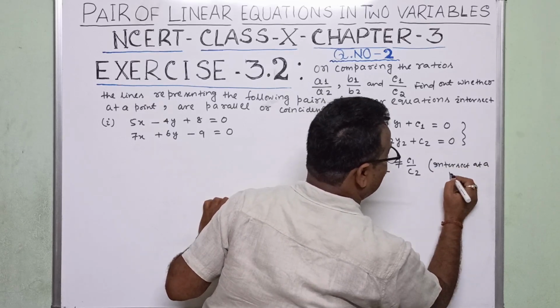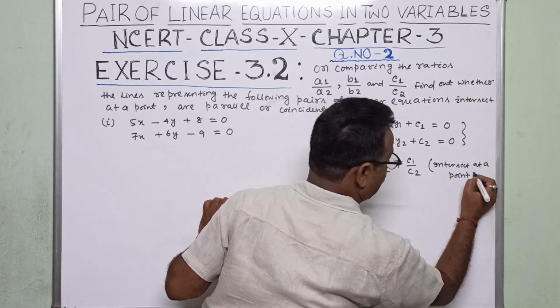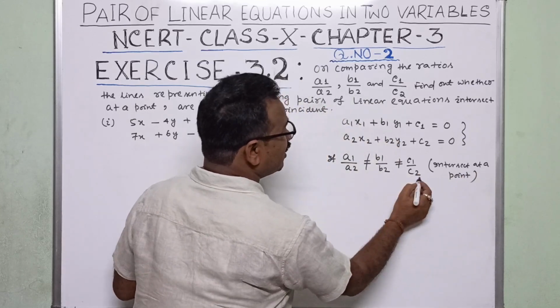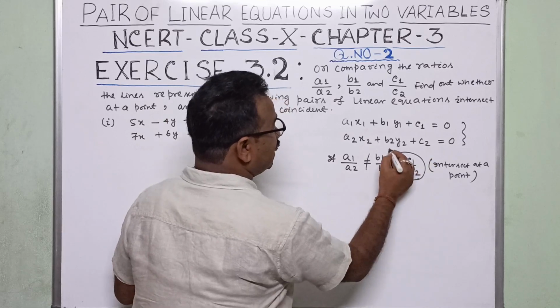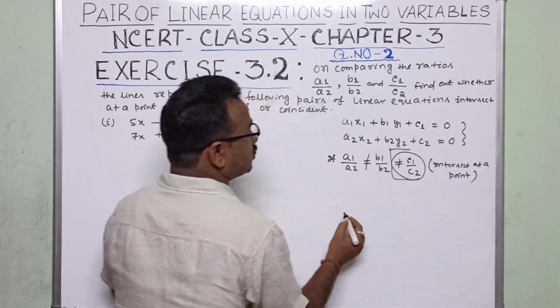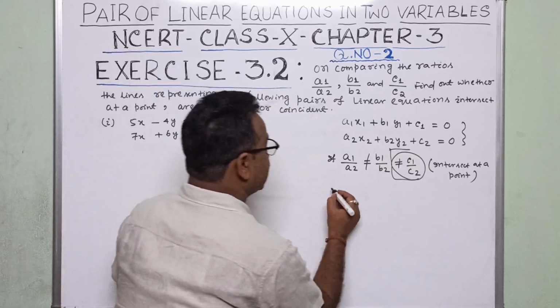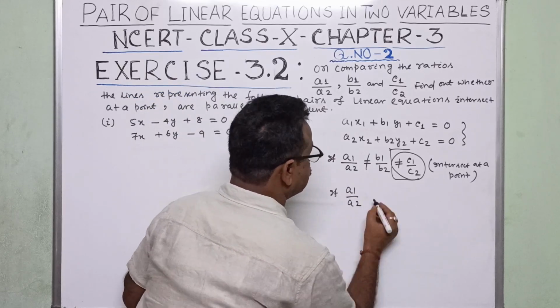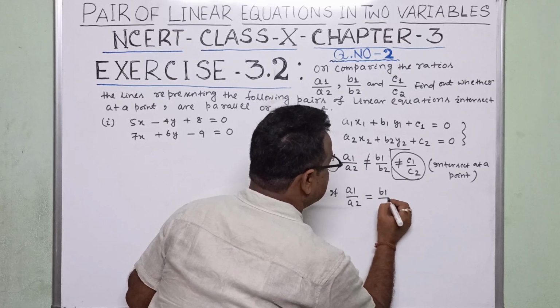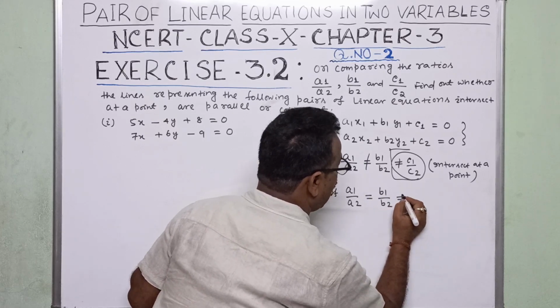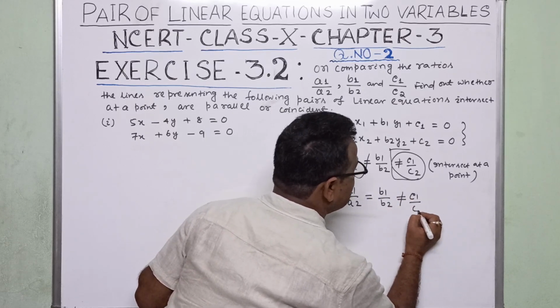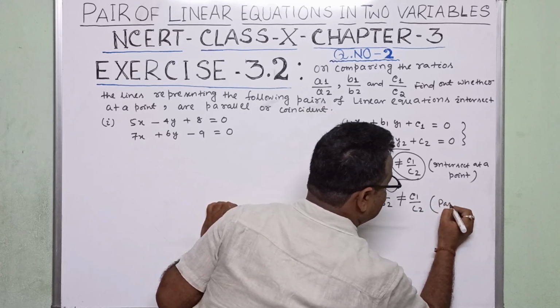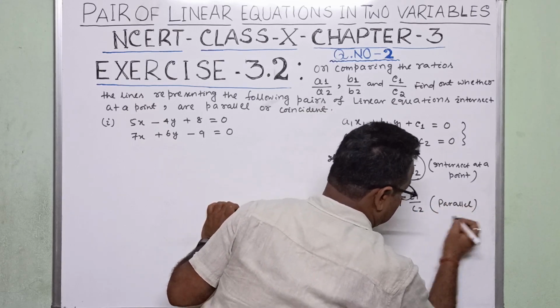the lines intersect at a point. Here the C ratio is not written; only if you find this, then also it's okay. Second, if A1 by A2 is equal to B1 by B2 is not equal to C1 by C2, then the lines are parallel.